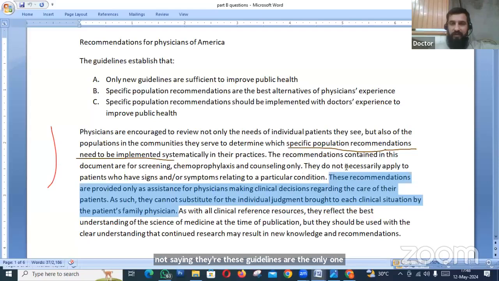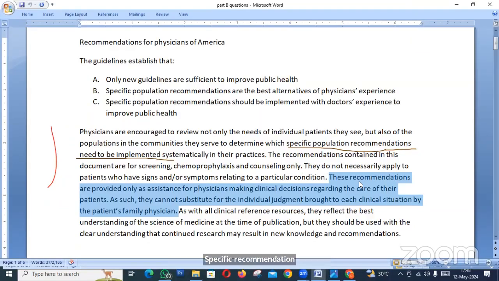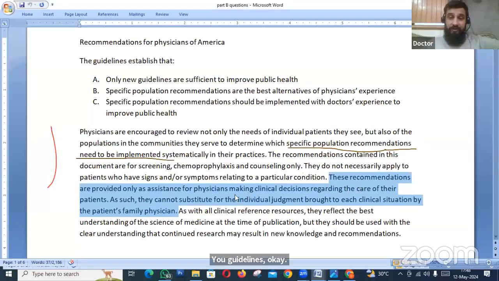They are saying that these recommendations, these recommendations refer back to? These recommendations are referring back to the new guidelines. Okay, so these new guidelines are provided only as assistance for physicians making clinical decisions regarding the care of their patient.